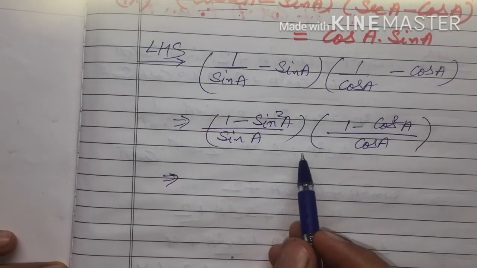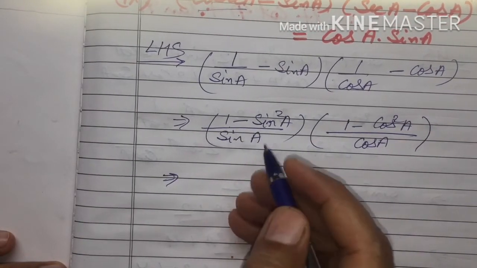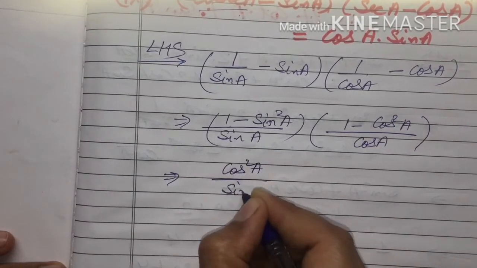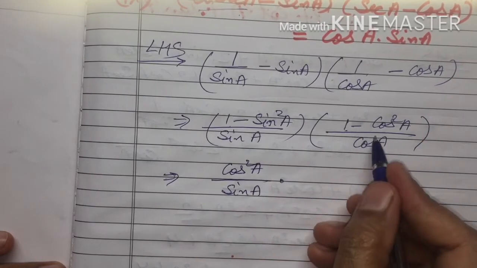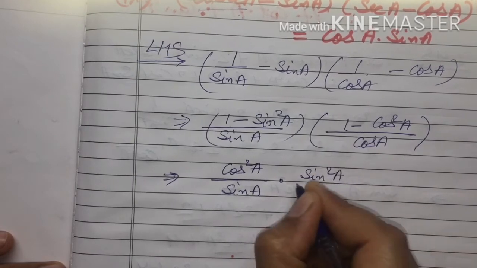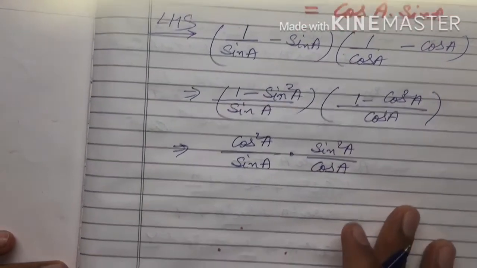So when we will multiply these two brackets, 1 minus sine square is cos square A upon sine A, and multiplication is there, 1 minus cos square A is sine square A, and in the denominator cos A is there.